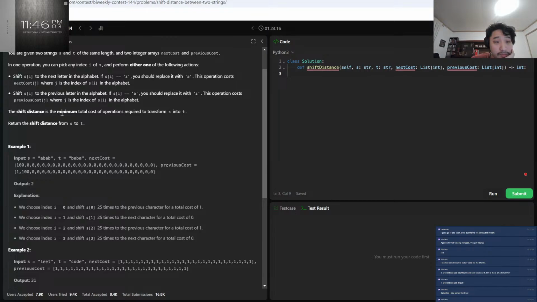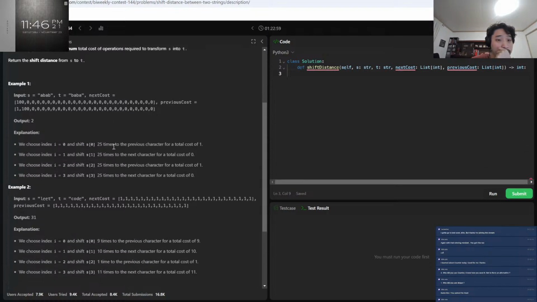This is the minimum total cost. So generally it's cheaper to go next, and for the only cases where we're not able to go next, we go previous. It's over there. Yeah, 25 times.